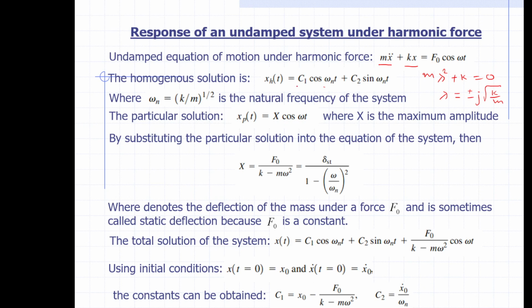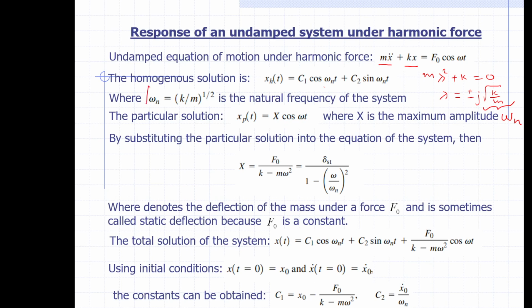Then you can have a pure trigonometric function, you don't have the exponential term, right? The exponential terms come from the real part of the characteristic root. All right, and square root of k over m is denoted by the natural frequency omega n.